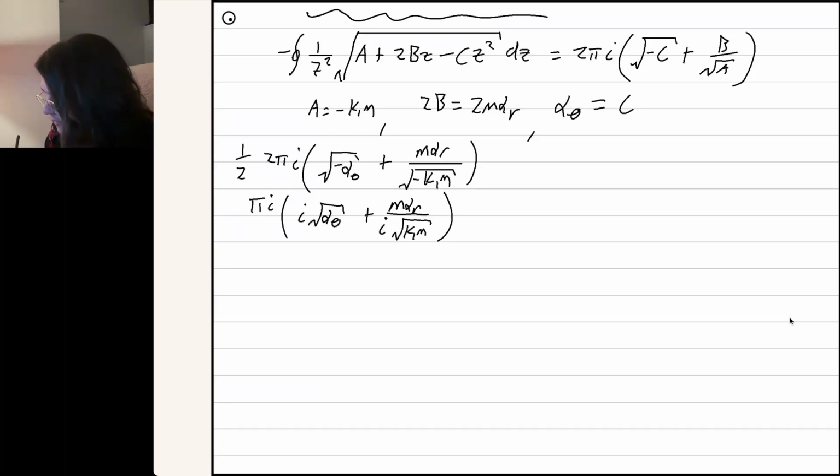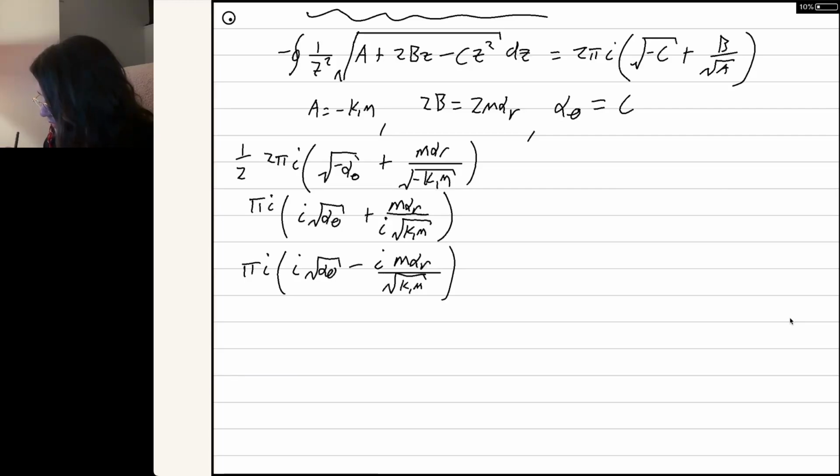And then make it so that for the second bit, the i is actually on top, so it'll be minus i m alpha r over root k1m.